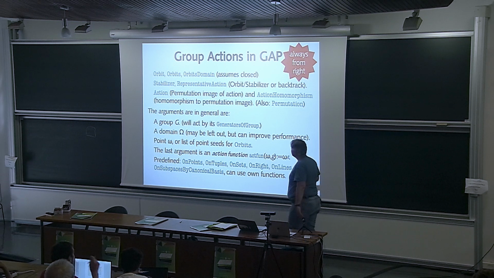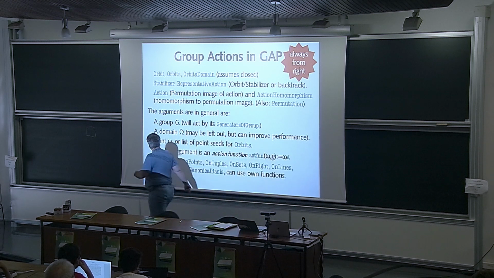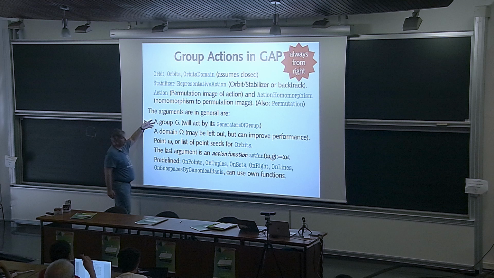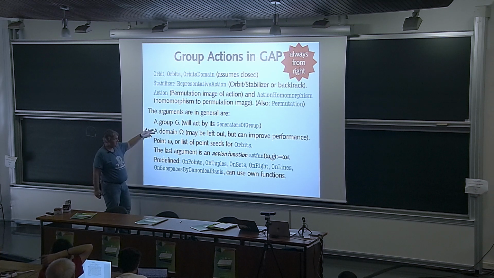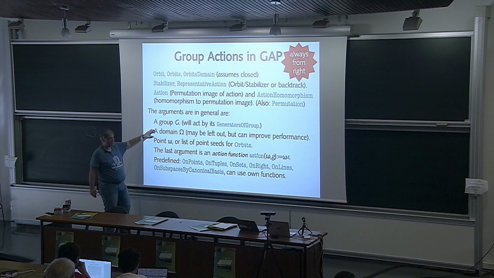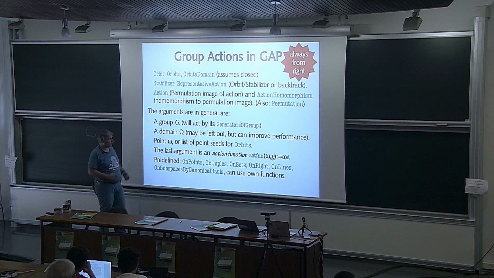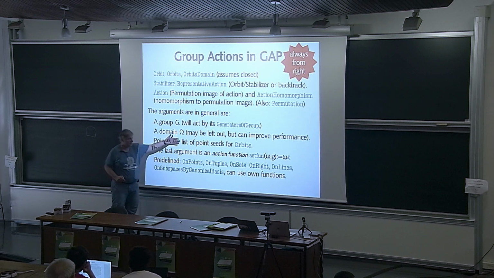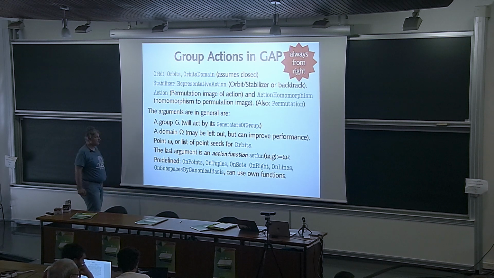All of these operations basically get as arguments first a group, and it will act through the generators of this group, then a domain, the set omega. In some cases one doesn't need to give it, but if you give it, it can help improve performance. Then the point of which to calculate the orbit or the stabilizer, or a list of points of which to take the orbits.